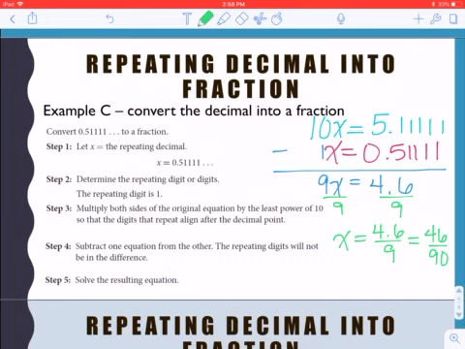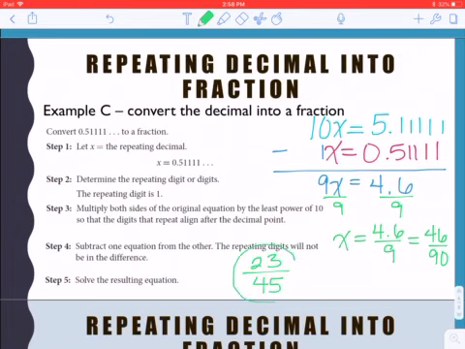But now 46 over 90 can actually reduce, and it can reduce to 23 over 45. So this decimal, 0.51 repeating, the 1 is the repeating part, is equivalent to 23 over 45.